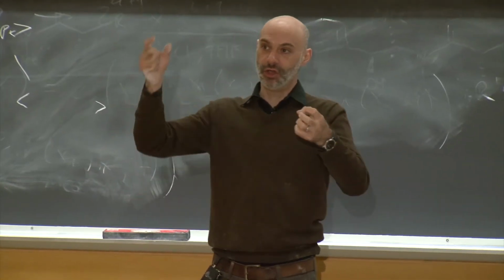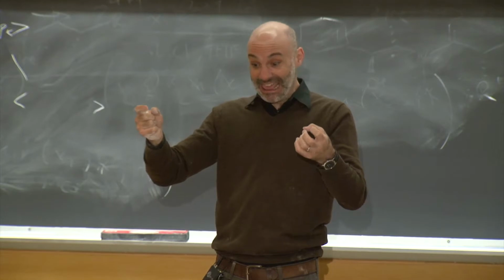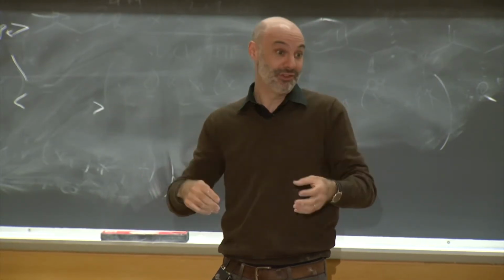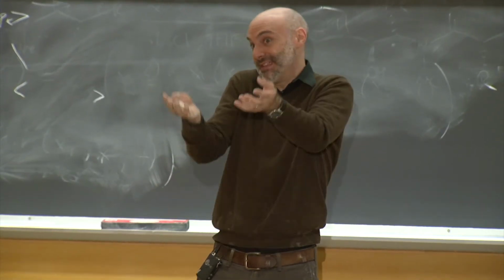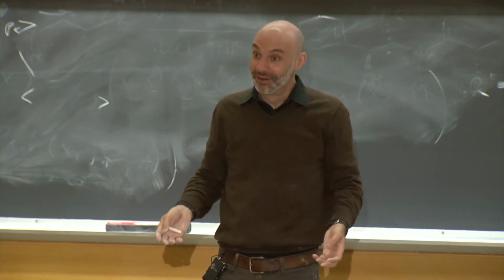So I invite you guys to think of it this way. Once you've seen the basic fact, which is that you can use a number to code an arbitrary n-tuple of numbers, then just think of n-tuples as numbers. So like, don't worry about it. When I say an n-tuple, you say, oh, I guess that's a number. And when I say n-tuple of n-tuples, you say, well, I guess that's another number.